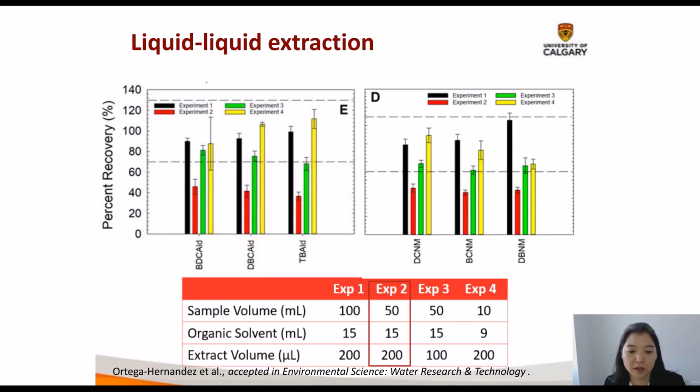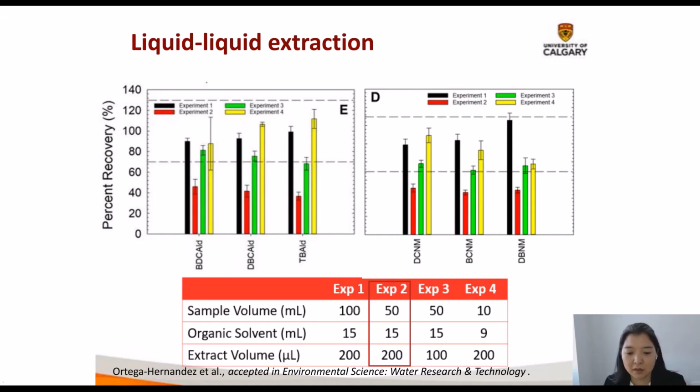We then reduced the sample volume to 50. As you can see from the graph, these are just two DBP chemical classes, there's a significant reduction in percent recovery.